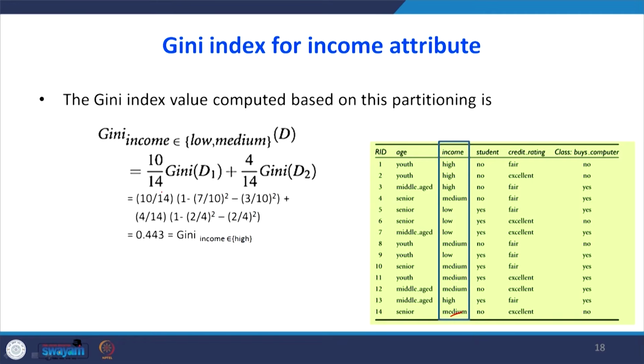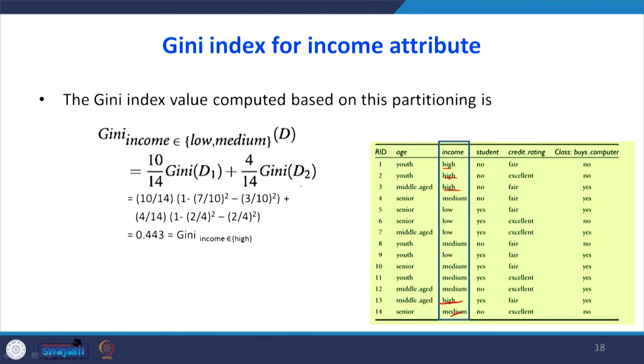That is 10 divided by 14. Gini D1, the formula is 1 minus 7 by 10 whole square minus 3 by 10 whole square. The second option for D2 is 4 by 14. How did we get the 4? When it is high, we have to count how many highs are there in the income: 1, 2, 3, 4. So 4 by 14 for Gini D2.